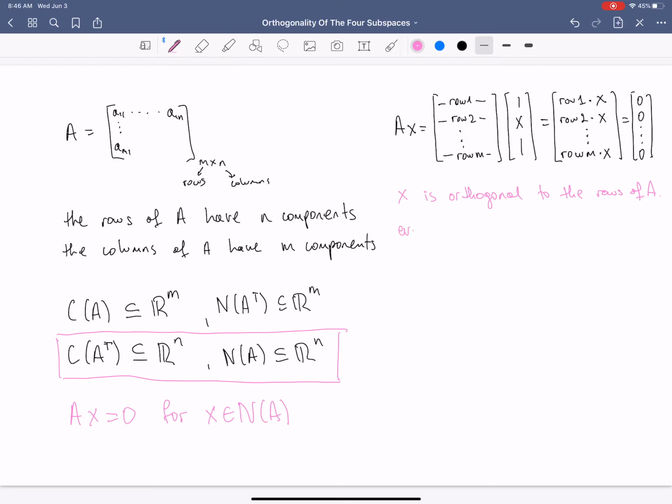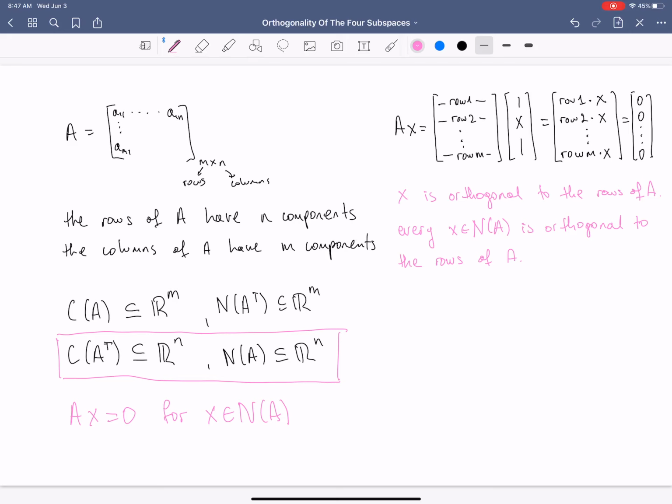So every x in the null space of A is orthogonal to the rows of A, right? Because it satisfies this equation A times x equals 0, which can be represented through the rows of A. So why does this imply that the two spaces now are orthogonal?